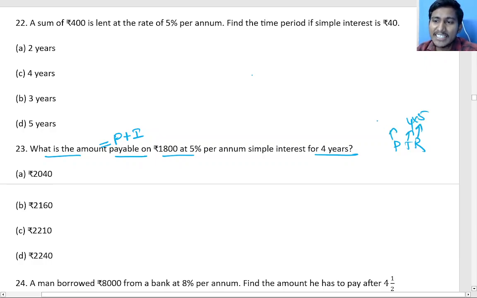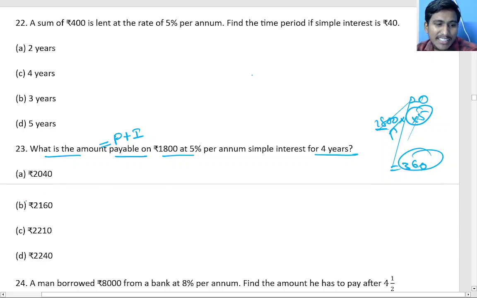So principal is 1800, and 20% of 1800 is how much? 1% will be 18, 18 2s are 36 for 2%, so 36 10s are 360. So 360 will be the interest. Principal is 1800, so 360 plus 1800 is 2160. That is the answer. This is how you do it with the shortcut.